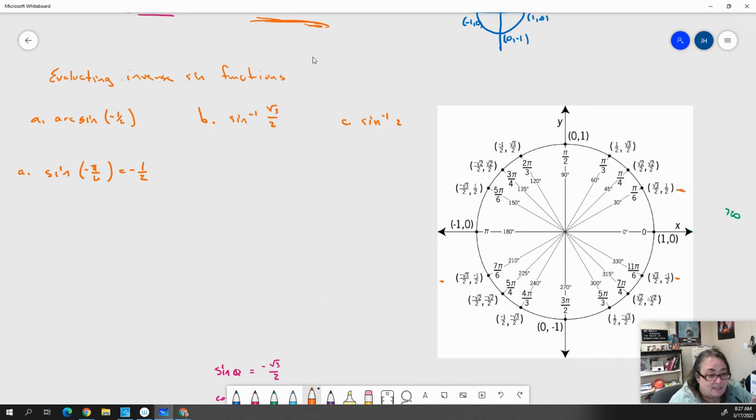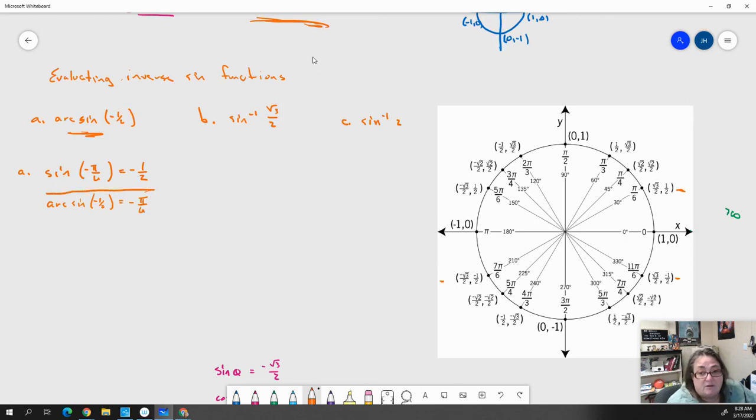Does that make some sense? I don't want to move on because I feel like my explanation on that might not have been the clearest. It does? Okay. So if sine of -pi/6 equals -1/2, we can say that arc sine, or the inverse sine of -1/2 equals -pi/6. And that's what it means by inverse.